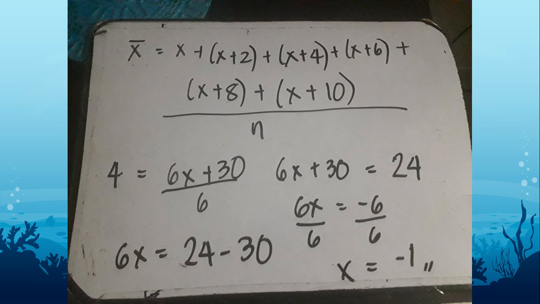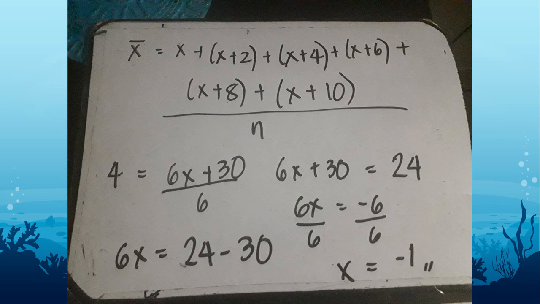So we have 24 is equal to 6x plus 30. Now we isolate 6x, so 6x is equal to 24 minus 30. As we transpose 30, it changes into negative or minus 30.